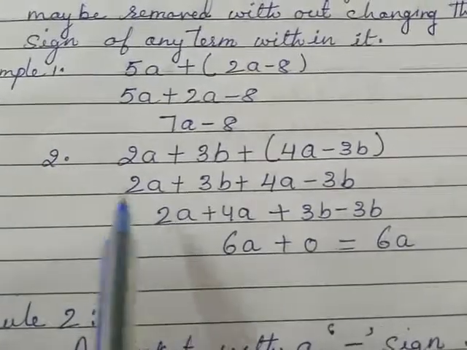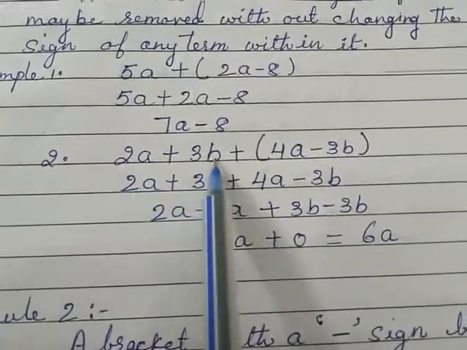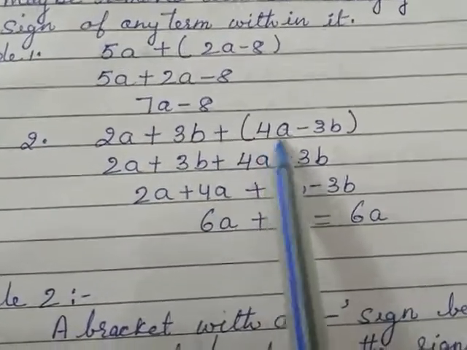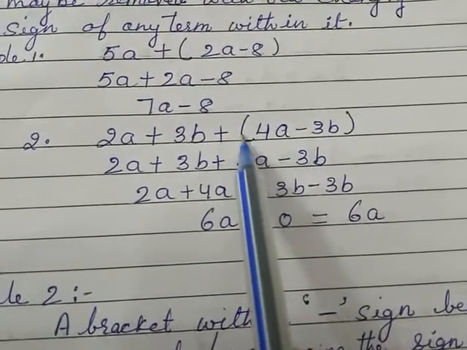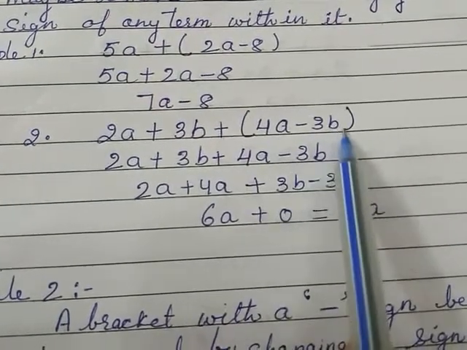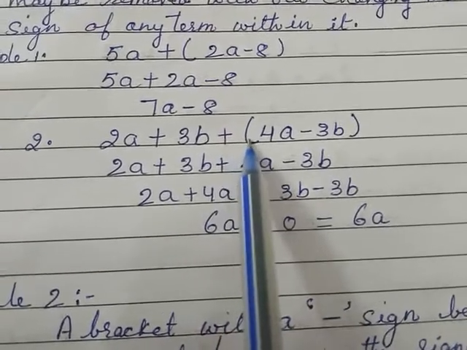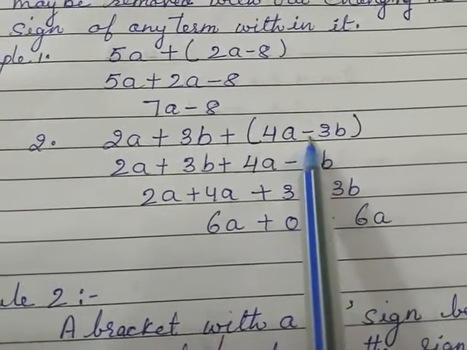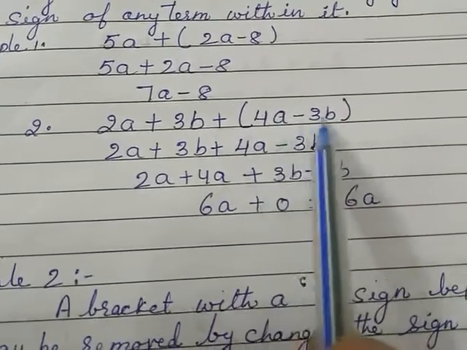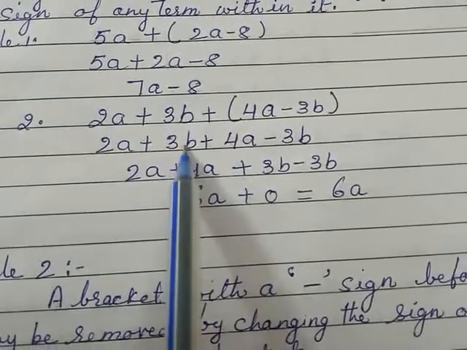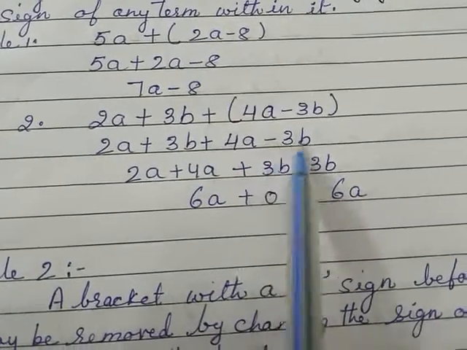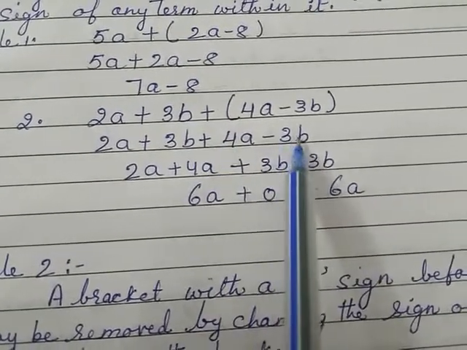One more example I have taken, children: 2a plus 3b plus bracket 4a minus 3b. This 4a minus 3b is inside the bracket, and before this bracket it is a positive sign. So we will remove this bracket without changing the sign present inside it: 2a plus 3b plus 4a minus 3b. We have not changed any sign.